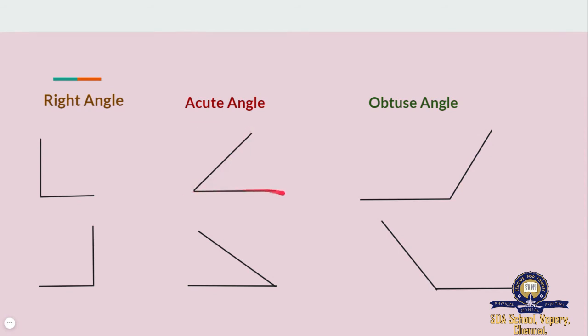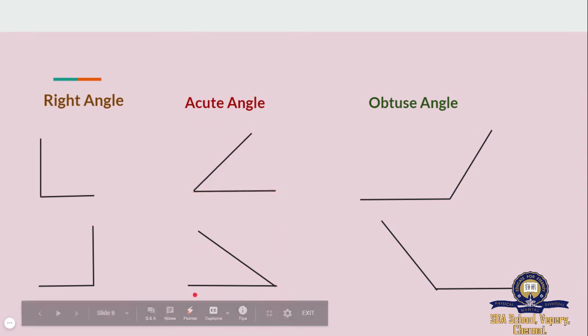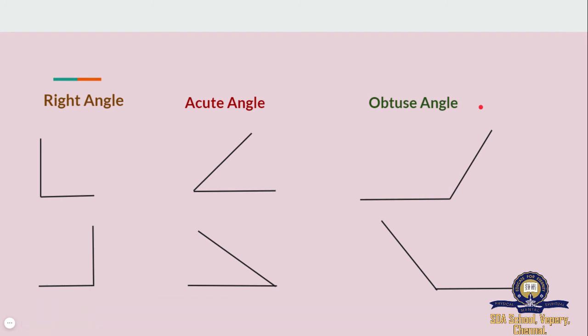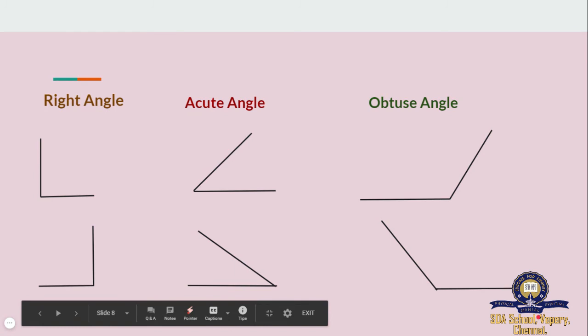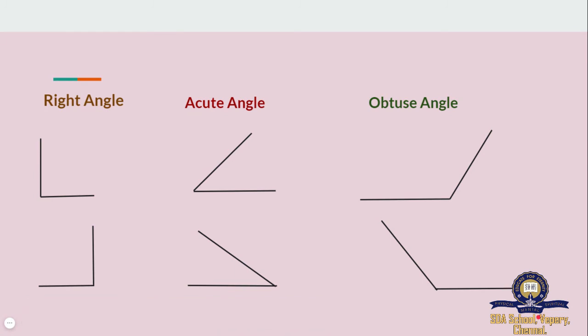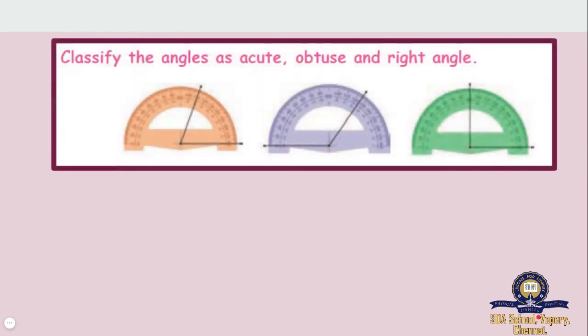This side small size V, this side small size V, it is acute angle. Then obtuse angle, the angle will be wide open. Whether it is this side or this side, any side, that is called obtuse angle.